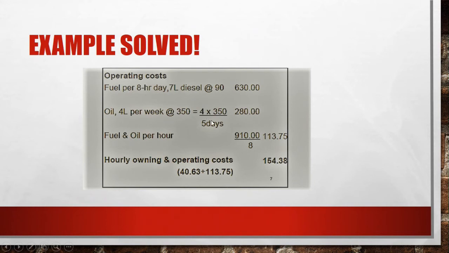That's 4 by 350 divided by 5 working days. So you'll have 910 for fuel and oil per 8-hour day. What about 1 hour? You divide by 8, you multiply by 910. So you can get the fuel and oil per hour is 113.75 Kenya shillings.